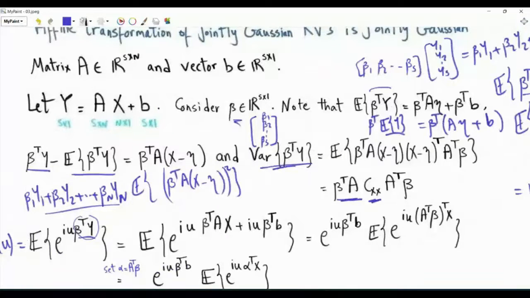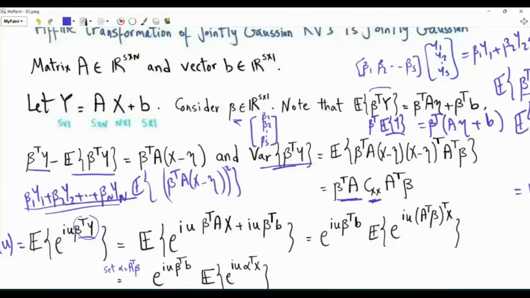Now, if we end up with the characteristic function of a Gaussian random variable, regardless of our choice of the betas, then we are done. Then it means that this weighted sum is always a Gaussian random variable, and that's exactly the definition of y being a Gaussian vector, or the components of y, y1, y2 to ys being jointly Gaussian.